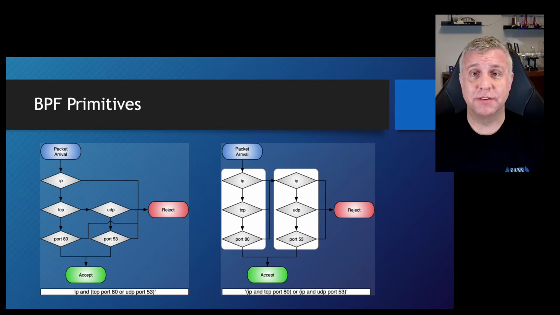They're both equivalent. And you don't have to think about exactly what the logical evaluation is of each of those primitives and the order that they're executed in, because the optimizer is going to do you a solid favor and it's going to optimize it for you. Now, these are very simple examples.